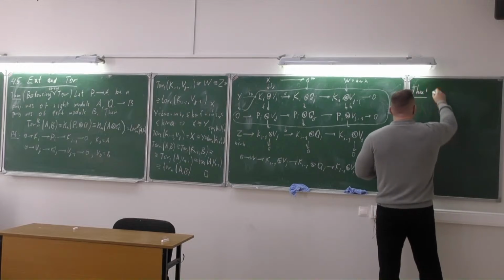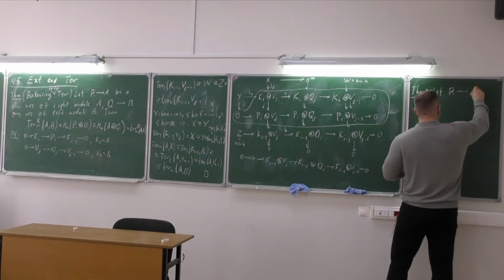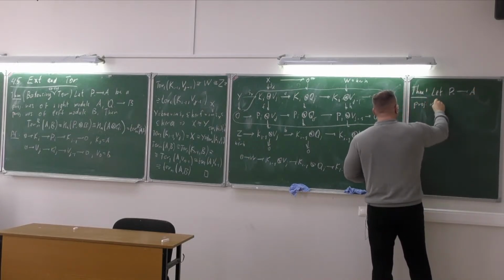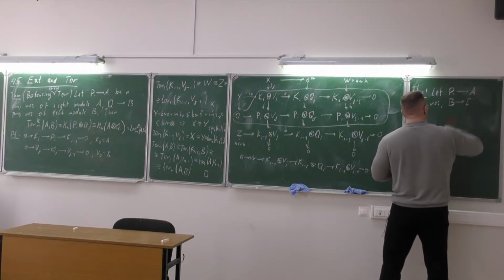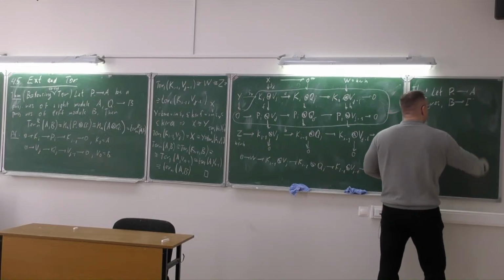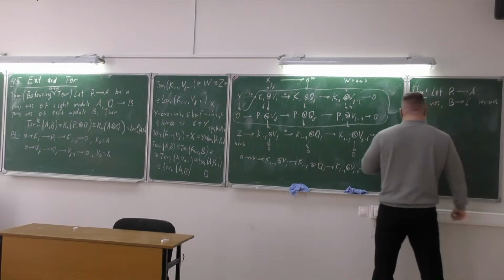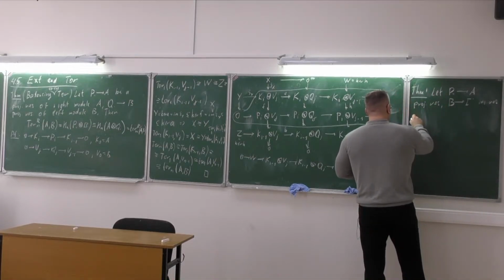So here assume that I have P, which is a projective resolution of module A. And I also have an injective resolution for the module B. So then the result is more or less the same.